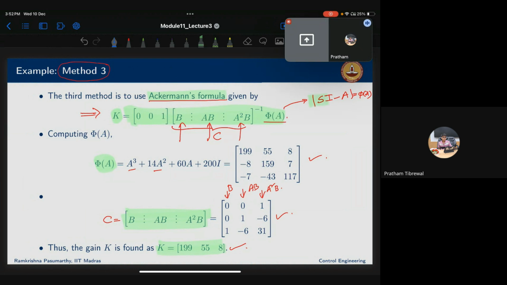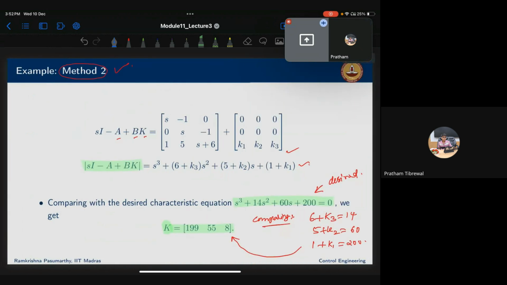This equation, how are we getting phi of A? Just a minute.